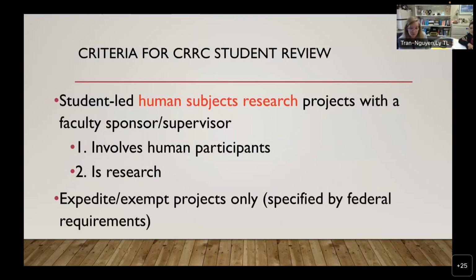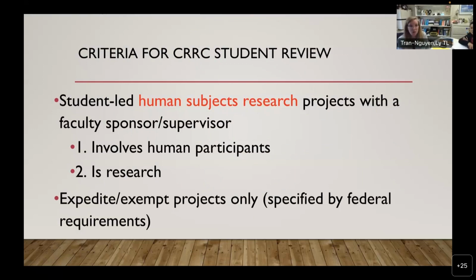Under what conditions would you submit an application to the student CRRC for review? Well, there's really two main considerations. One is, do you have student-led human subjects research? And the other is a question about whether your student's project falls into federally defined categories of expedited or exempted projects.